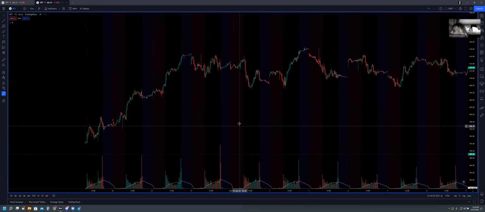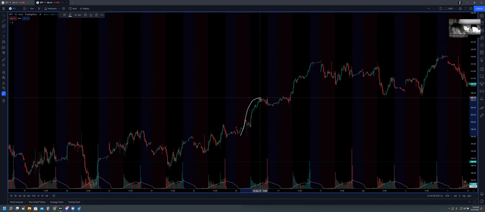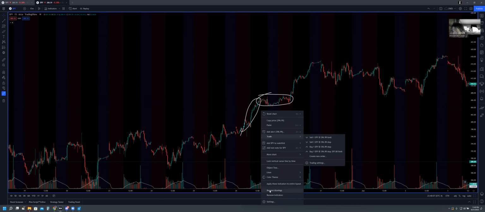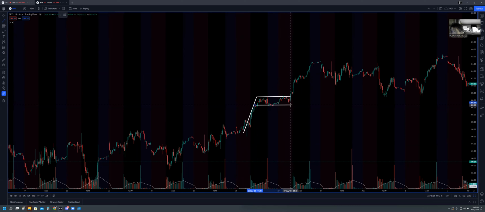Right here again, this is an upside example. You see how we have this nice sharp green move to the upside? And now we have this sideways movement right here. Basically, it's bull flagging. You have this nice green move to the upside, and you pretty much connect the tops there and connect these bottoms there.